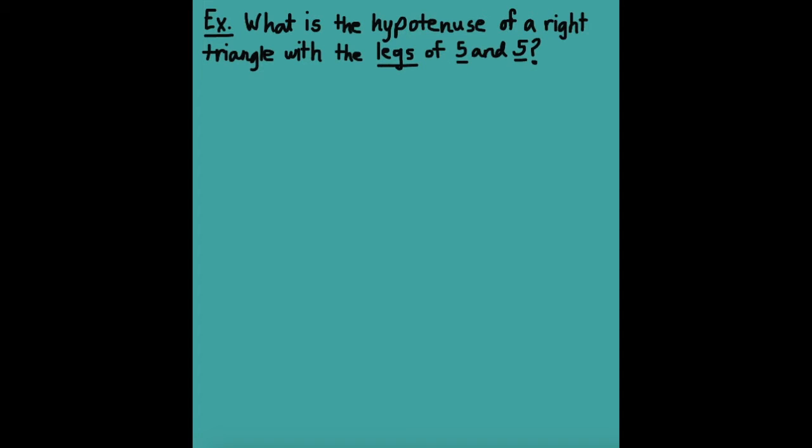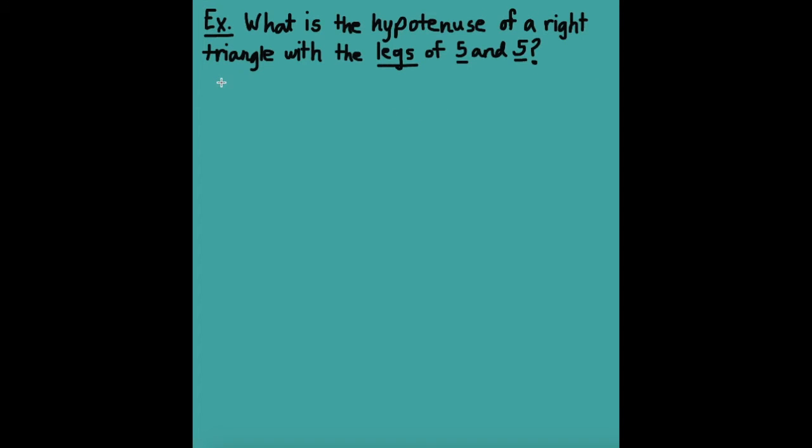However, you might be wondering: we can't use the ratio x to x root 2 in this problem because it doesn't specify that it's a 45, 45, 90 triangle. This is something to keep in mind. When the legs of a right triangle are the same, it is a 45, 45, 90 triangle. Since the legs, which are 5 and 5 in this problem, are the same, we know that it is a 45, 45, 90 triangle.